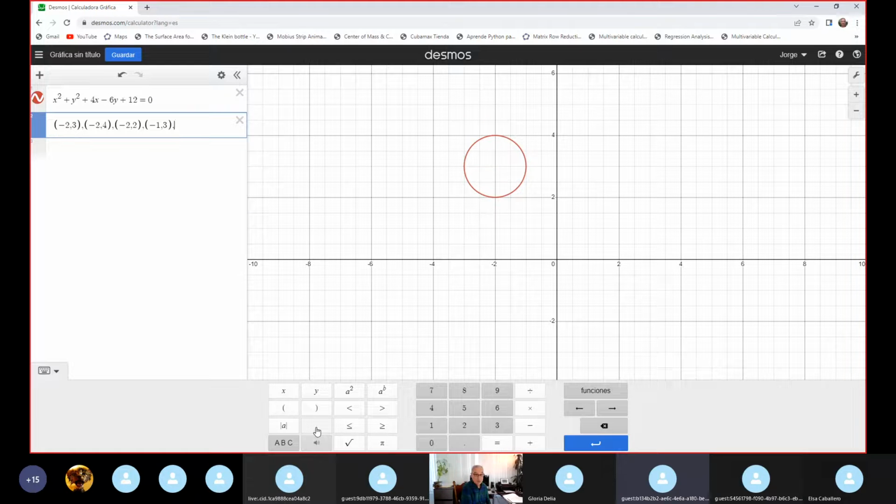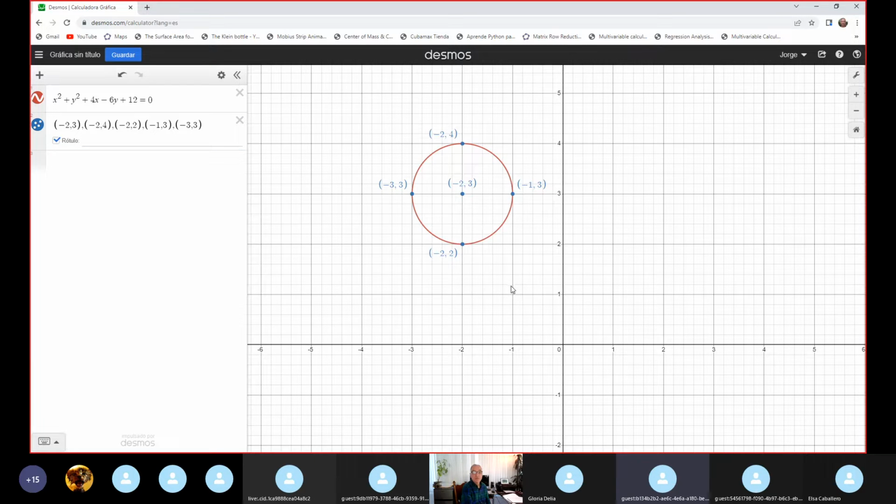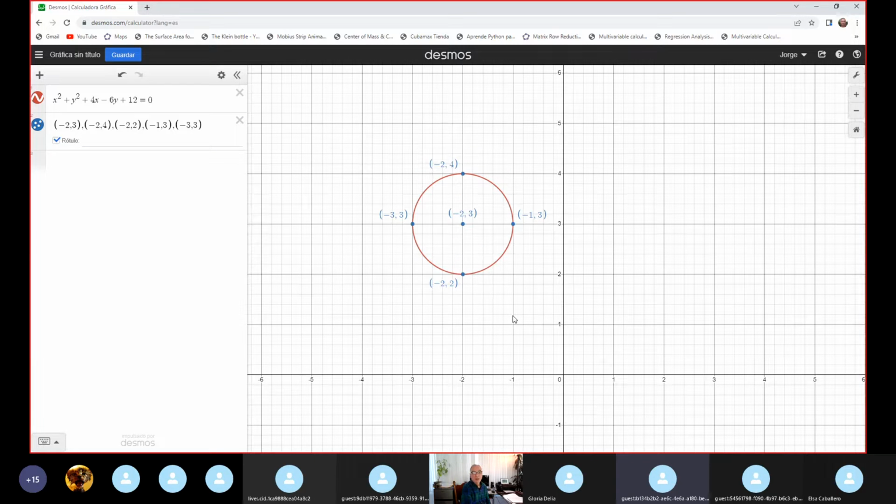To the left is parenthesis minus 3, 3. Minus 3, 3. Boom, we have completed the picture of this. Okay, center and 4 points is enough to define a circle.